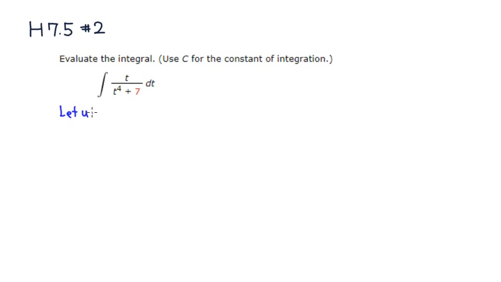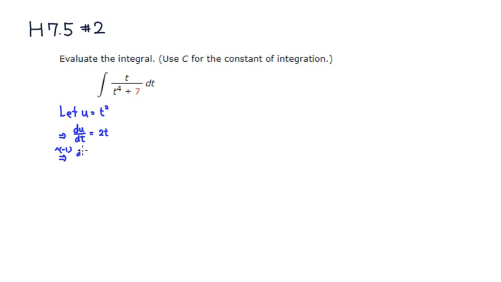u be t squared. Then I'm going to go through the usual drills: take the derivative of u with respect to t. That's equal to 2t. Then I'm going to take the reciprocal of both sides.